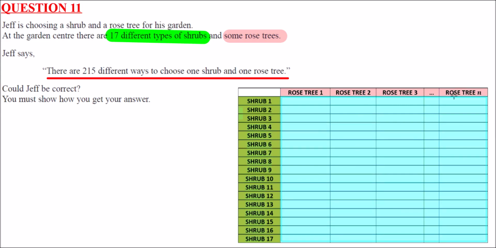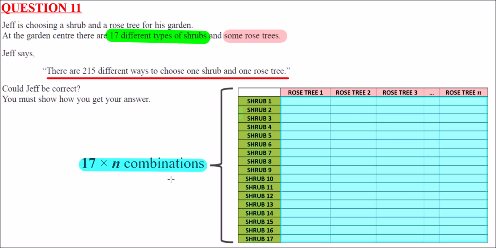So what calculation could we do to work out the total number of these light blue boxes? Well, it's essentially the area of a rectangle. We've got 17 rows multiplied by n columns. So 17 multiplied by n needs to equal 215, because 17 times by n has to equal the total number of combinations, which is 215. So 17n equals 215.